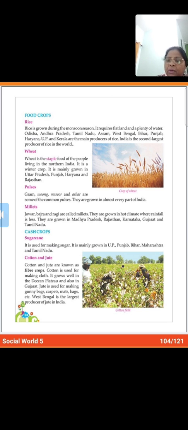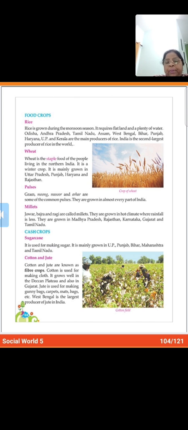Now wheat is grown during winter, in October or November, and it's the staple food of the people living in northern India. It is mainly grown in UP, Haryana, Punjab and Rajasthan.